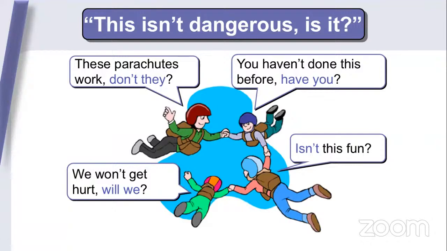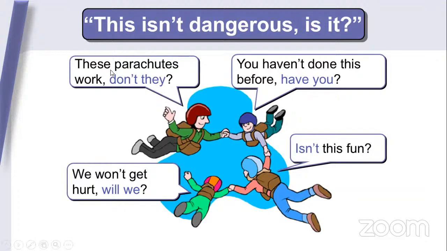Usually, we're gonna use the same auxiliary verb in the statement, but if the statement doesn't have an auxiliary verb or something like that, we have to use do, like this, right? Because these parachutes work, for example, and we don't have an auxiliary verb.